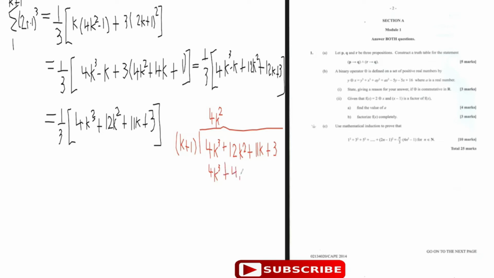Then we're going to subtract these two statements from each other. When we subtract, always put a bracket before you do your subtraction. You're going to get 12k squared minus 4k squared is 8k squared, because the 4k cubes cancel, so you have 8k squared plus 11k.